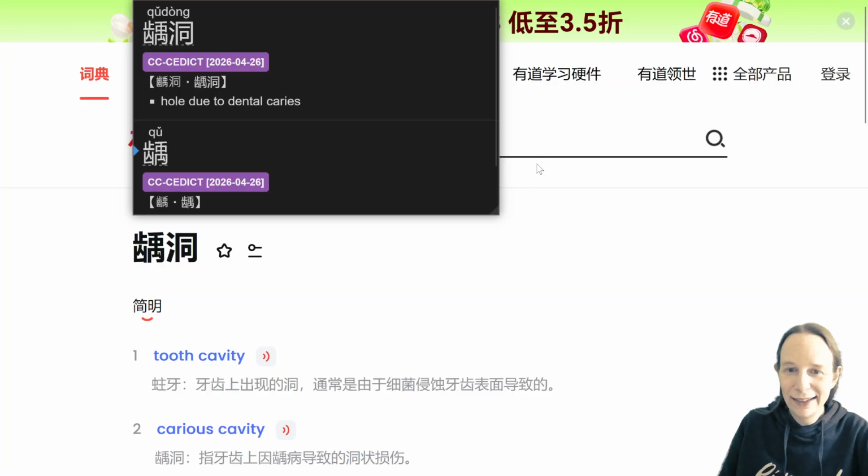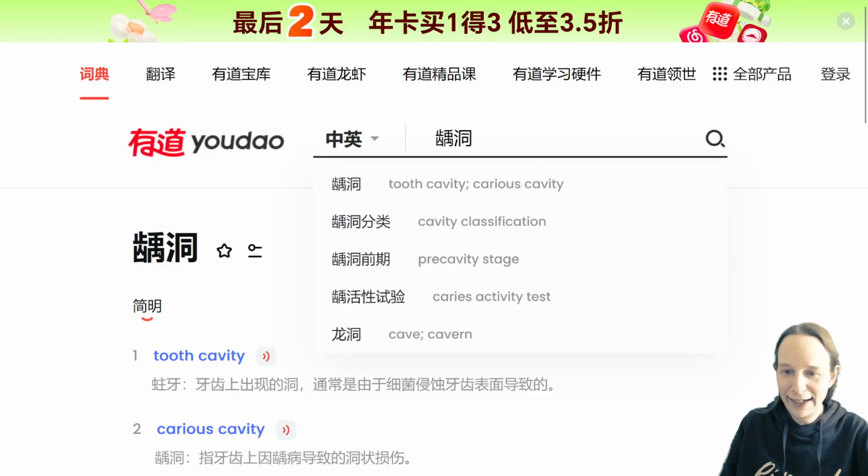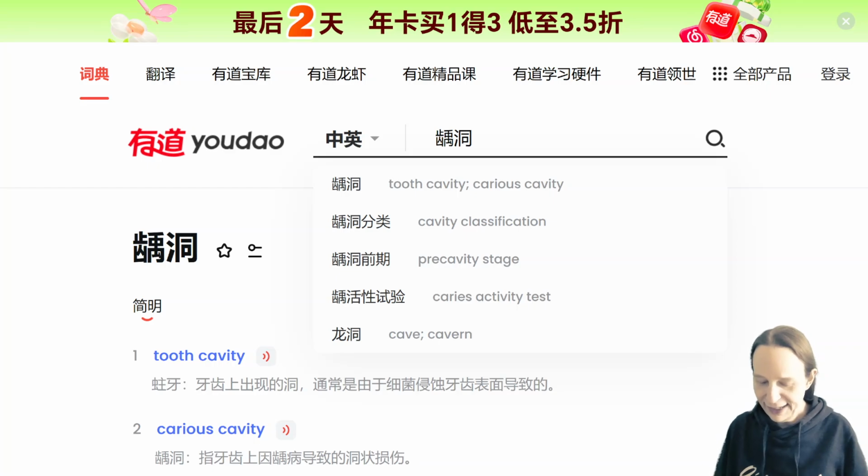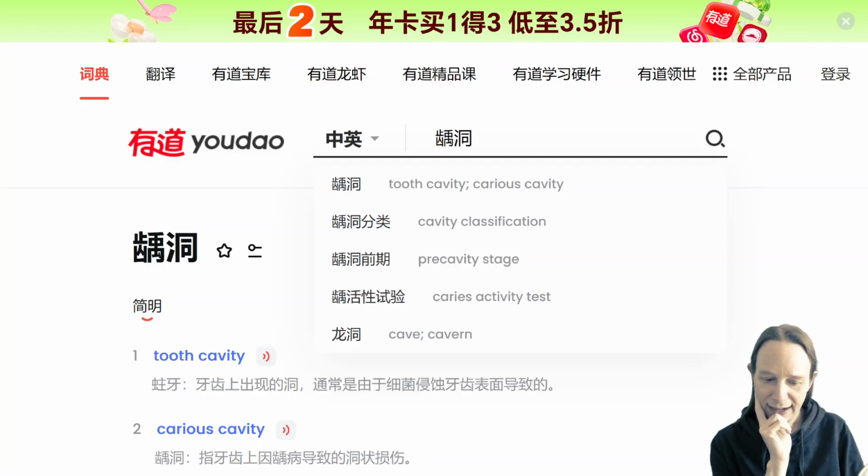腔. There's many other types of 腔. All right. So 腔 in the dictionary has 4 definitions. The first one is 动物身体内空的部分. Did you hear that? So it's in an animal. It's a cavity in an animal.